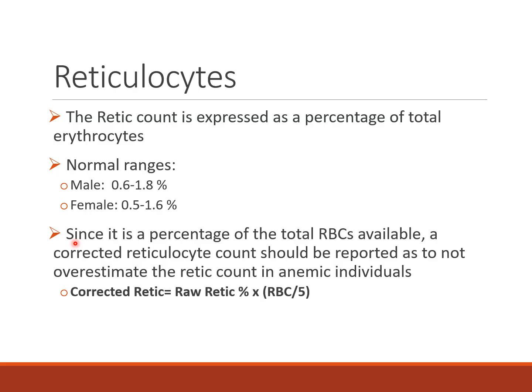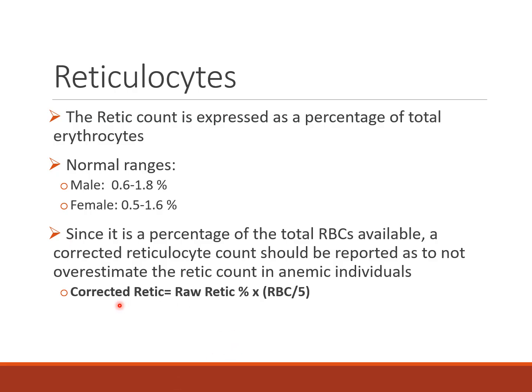The reason for that is if you work in a facility where the LIS is not capable of doing that calculation, or if your reticulocyte count exceeds the linearity or the capability of the instrument to accurately count the reticulocytes, we have to do a corrected count.